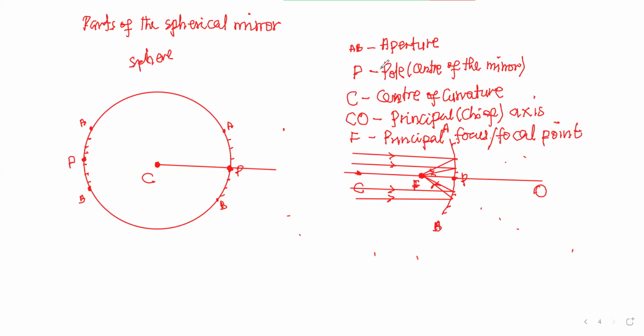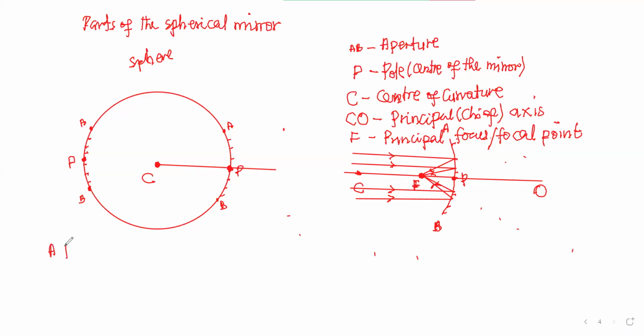Okay, listen to my version. The focal point is a point on the principal axis where rays that are close and parallel to the principal axis actually converge.